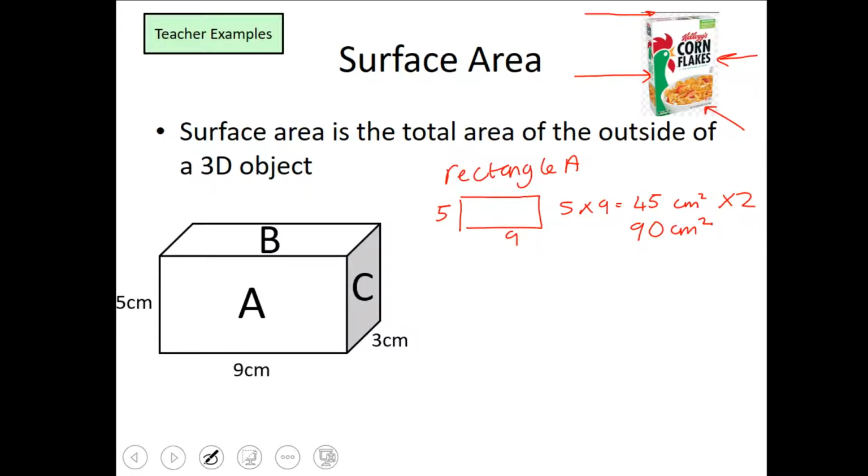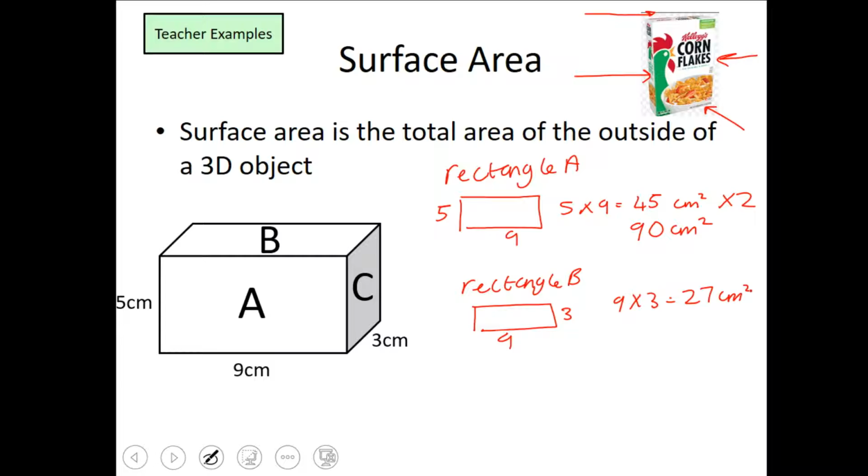Now rectangle B is the top of the box, so the lid. Okay, so now the size of it is 9 times by 3. 9 times by 3 gives you 27 centimeters squared.